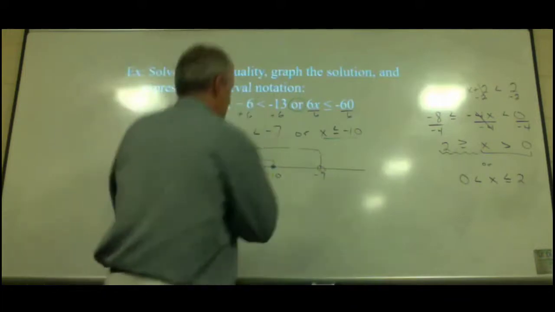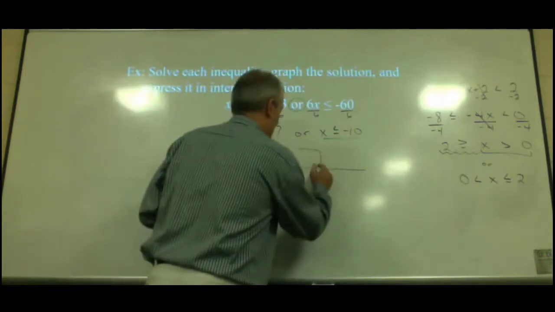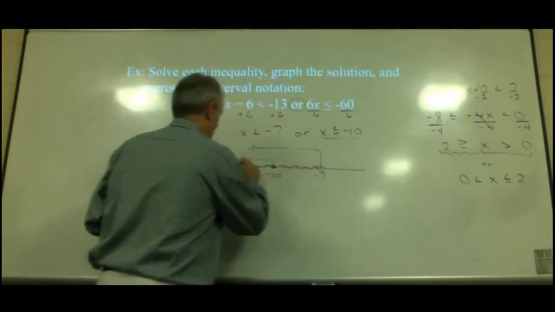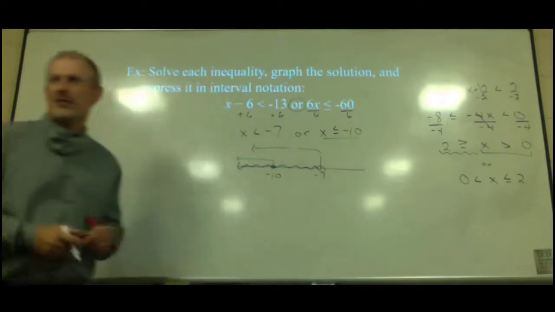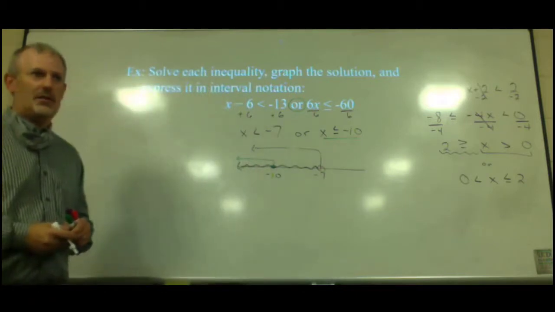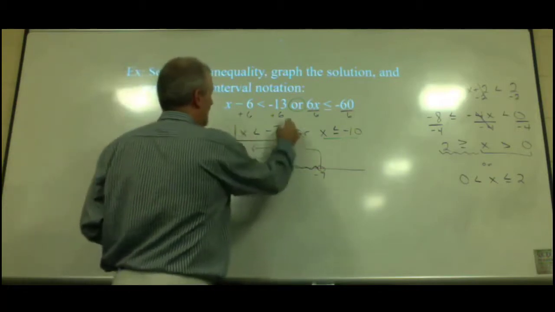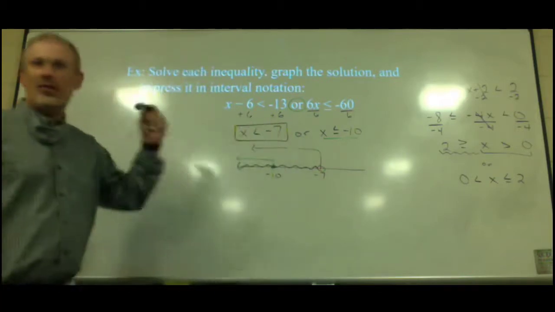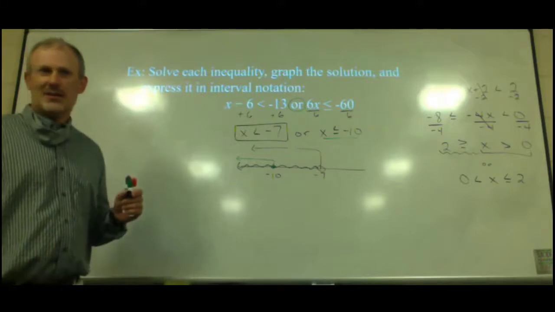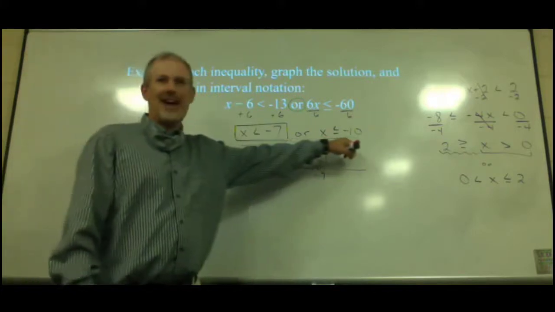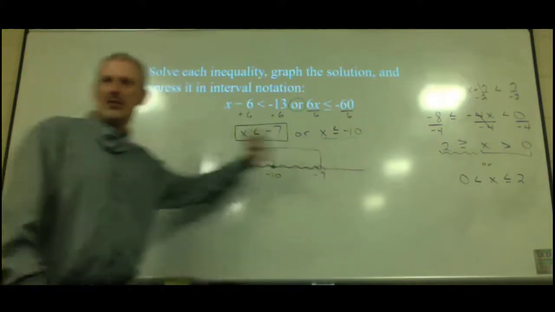So I'm going to use a different color here. Our solution is actually from here forever to the left. Okay, so actually this one right here is all we need to get that whole thing. Does that make sense? This one over here doesn't actually add anything to our solution.